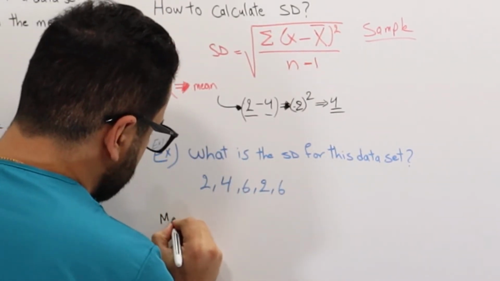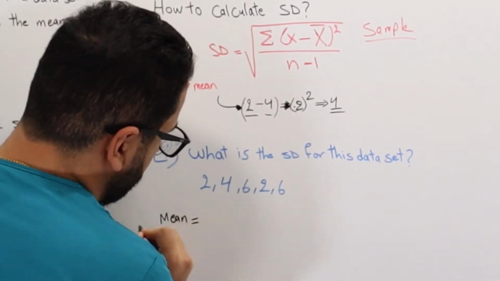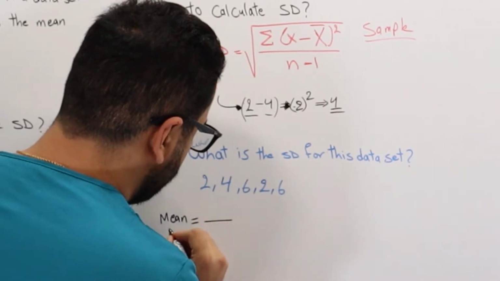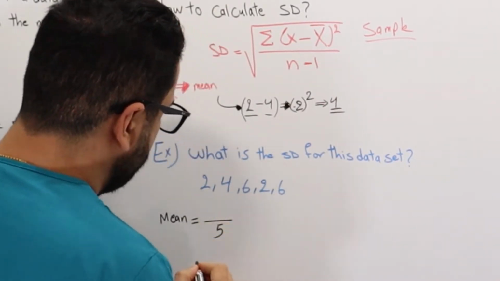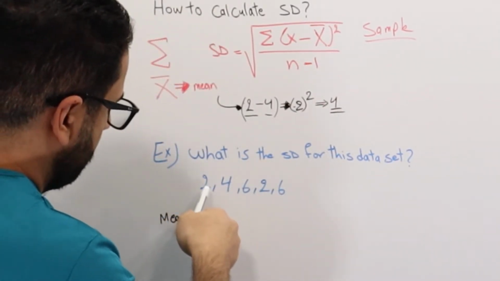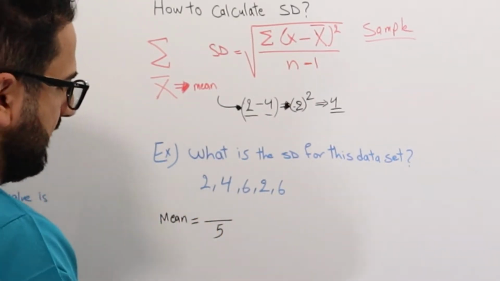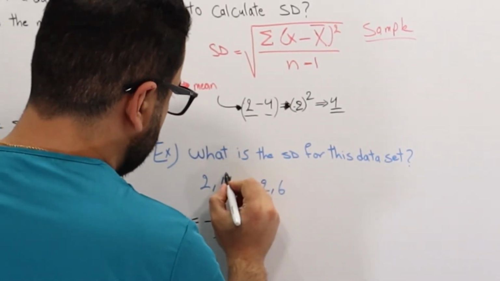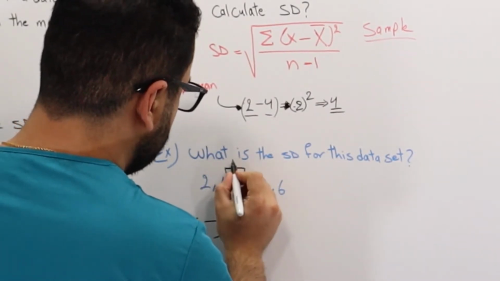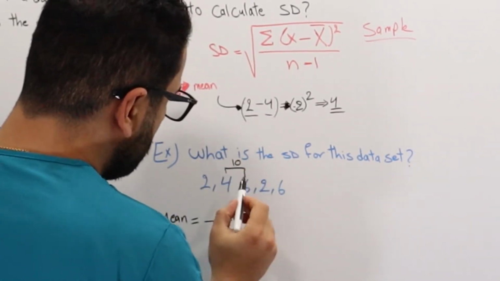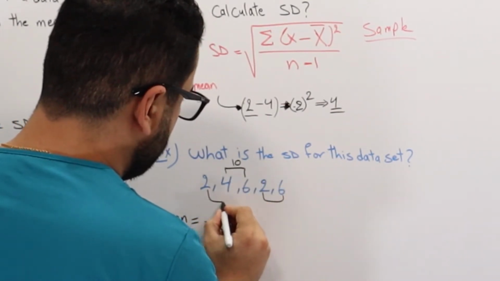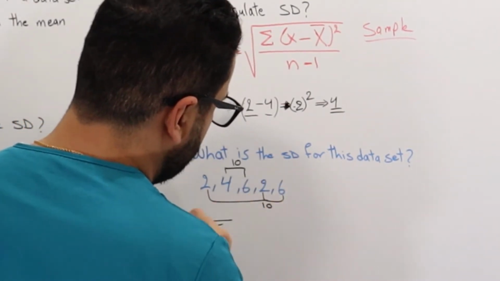So the mean equals the sum of these over the number of values. So we have 1, 2, 3, 4, 5. And in addition, let's add these together. So we have 4 and 6, that's 10. 2 plus 2 plus 6, and these here, another 10.